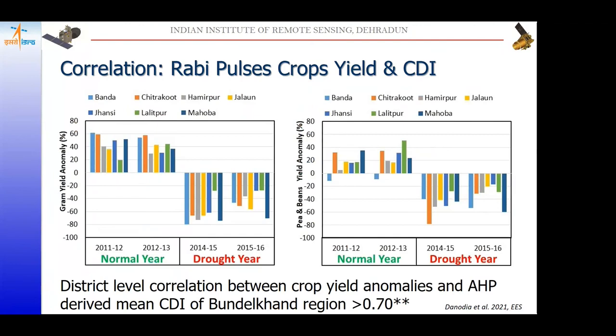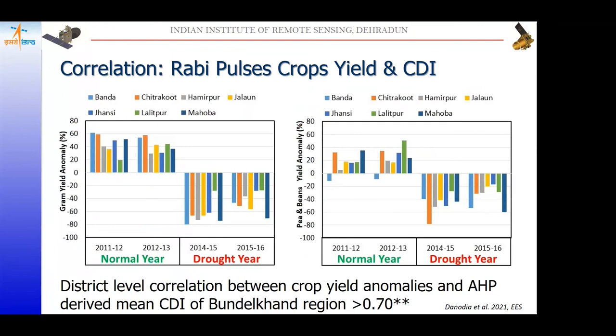We find a significant result for all 7 districts, where the correlation coefficient is on the higher side of 0.7, at a significance level of 1%. From the figure you can easily interpret that in a normal year, across the districts there is a positive crop yield anomaly, while in a drought year there is a negative crop yield anomaly.